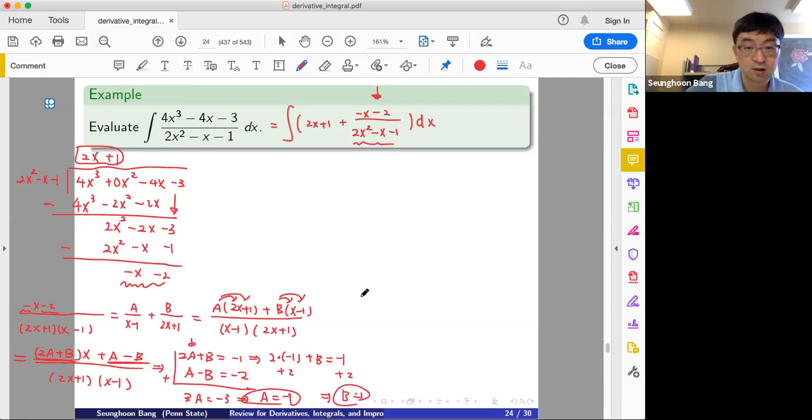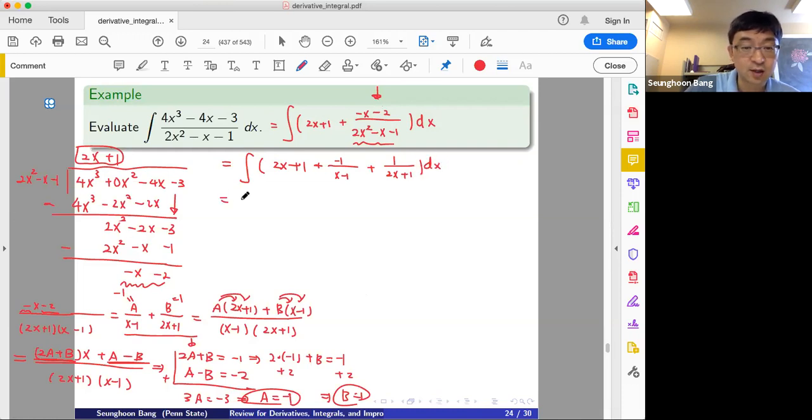So we can change this one to the integral of 2x plus 1. This form is exactly partial fractions. What is a? A is minus 1, b is 1. So we have plus negative 1 over x minus 1 plus 1 over 2x plus 1 dx.